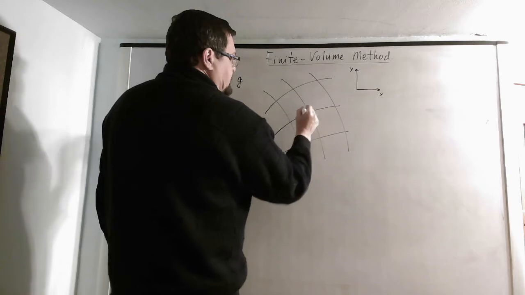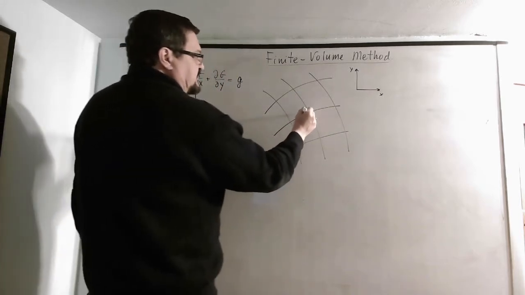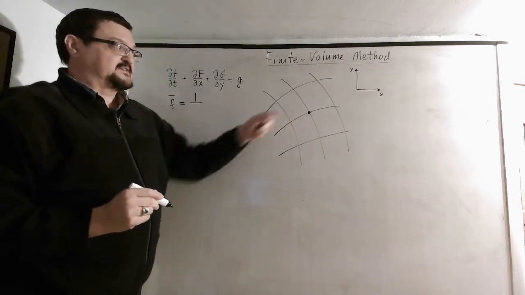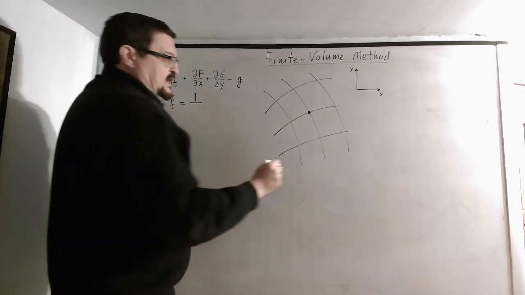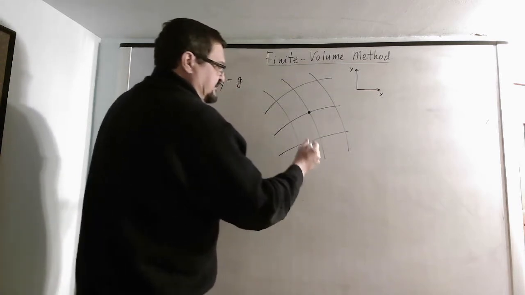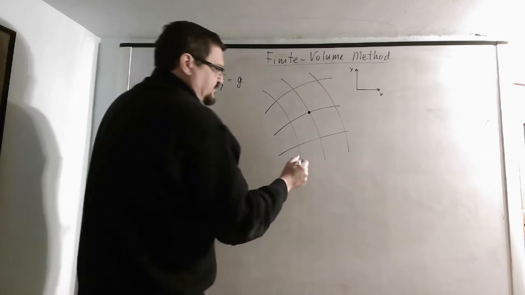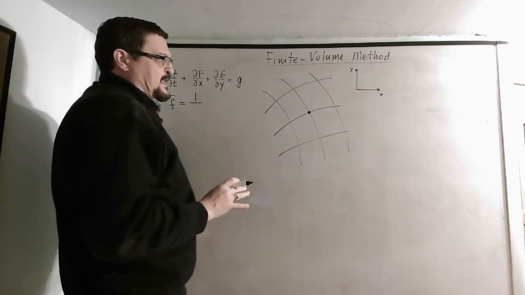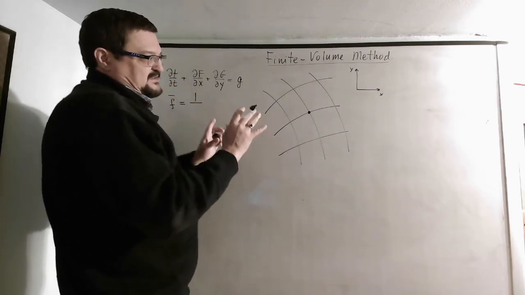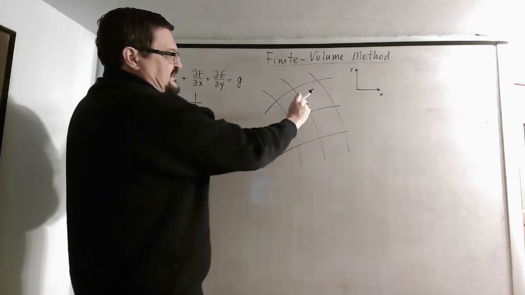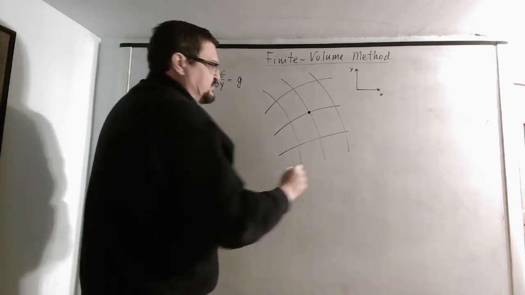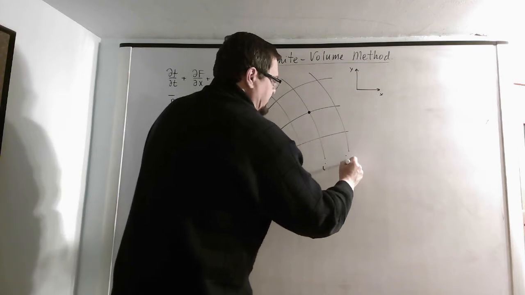So we have the values of all variables defined at grid nodes, at these intersections. And we can count them very easily in this case, because it's regular. It's rectangular, but not with right angles, so everything is a little bit skewed. But we can count them anyway.